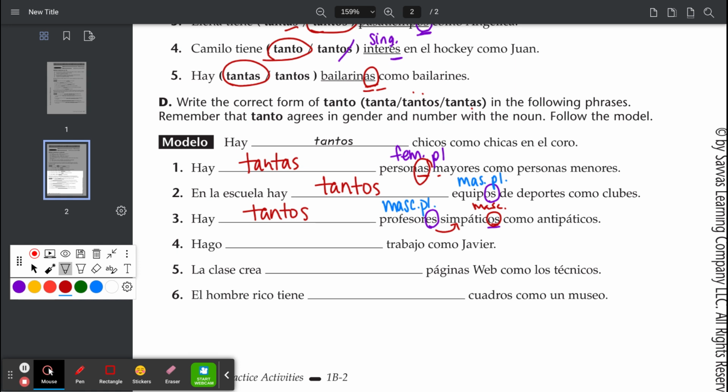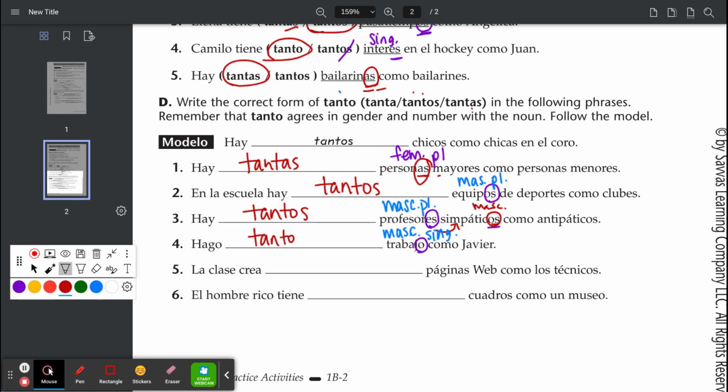All right, number 4, hago blank trabajo como Javier. So trabajo is singular, and it ends in an O, so therefore we know it's masculine. If it's masculine singular, we would use tanto. Hago tanto trabajo como Javier.